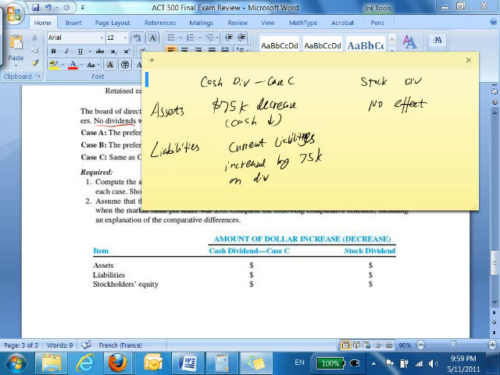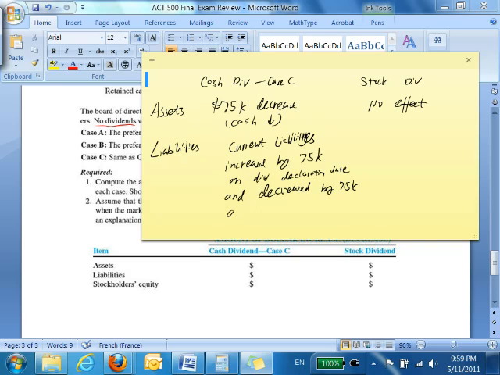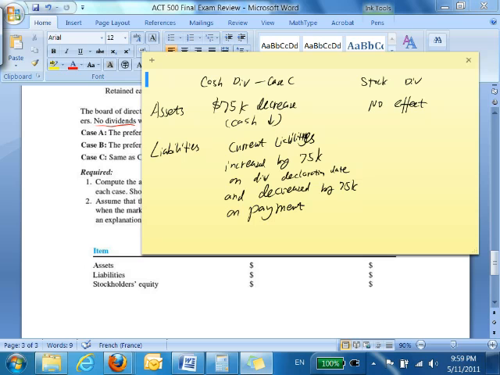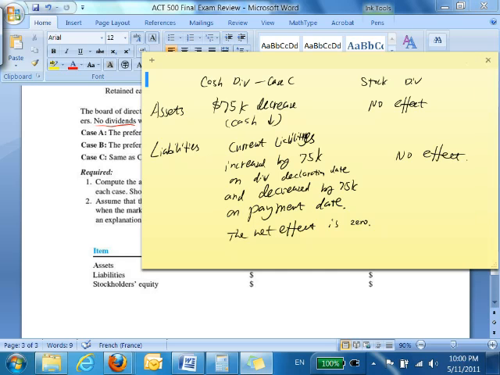So the net effect is 0. Stock dividends have no effect on liabilities.